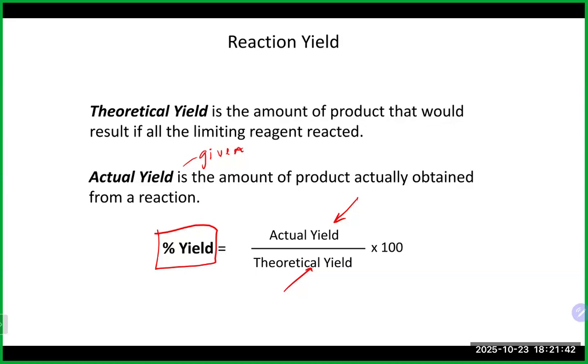Do we want over 100%? Is that good? That's not good. Even if you try to convince your instructor, like, I did 200 times the work of everybody else, that's how good my percent yield was. No, so usually if you go over 100, that usually means something maybe didn't go so well.